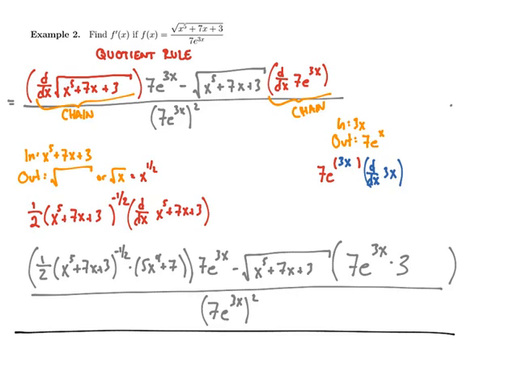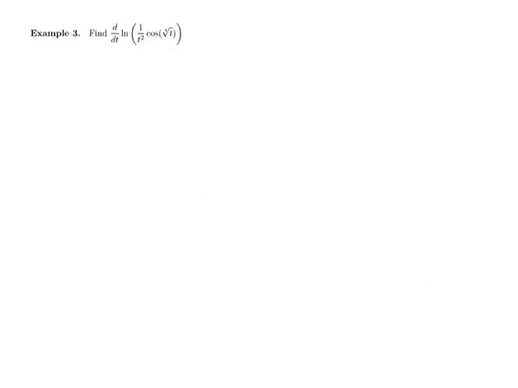All right, one more big derivative problem. We have find d/dt of natural log of 1 over t squared cosine of cubed root of t. And again, the question we have to ask ourselves is product, quotient, chain. Is this two things multiplied together, two things divided, or is it a function within a function?